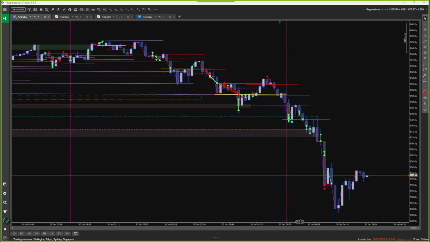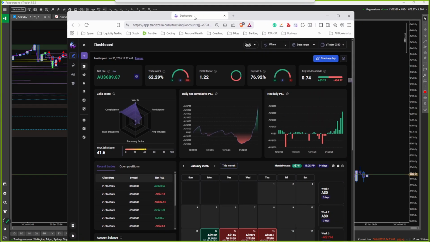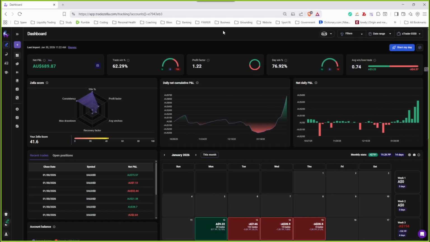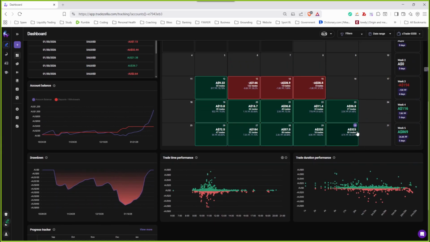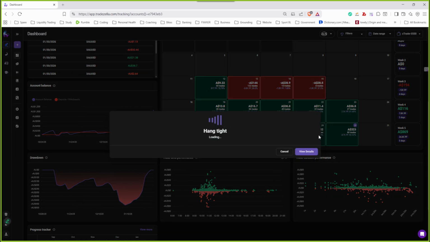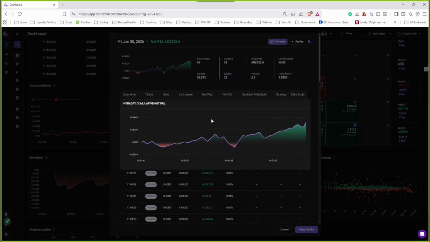Zilla's just updated itself. The way it looks here is $323 profit. There are 60 trades done, as we know. That's what the day looks like.